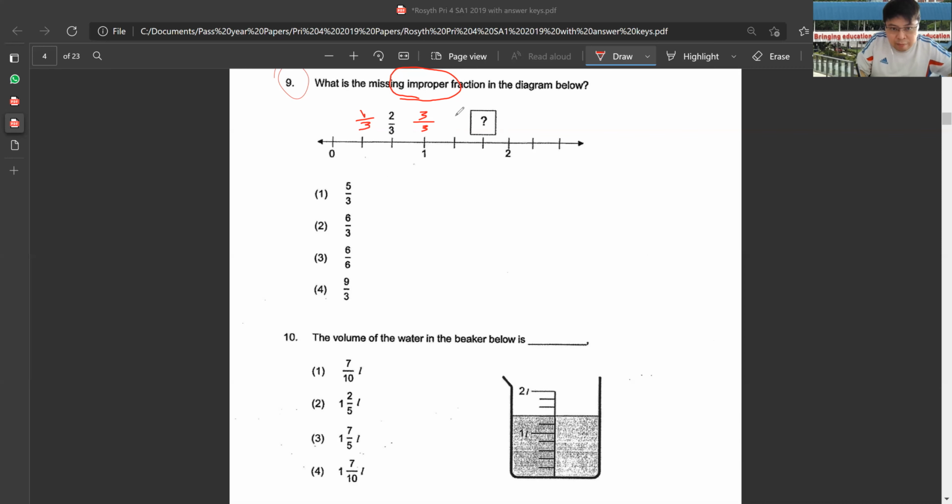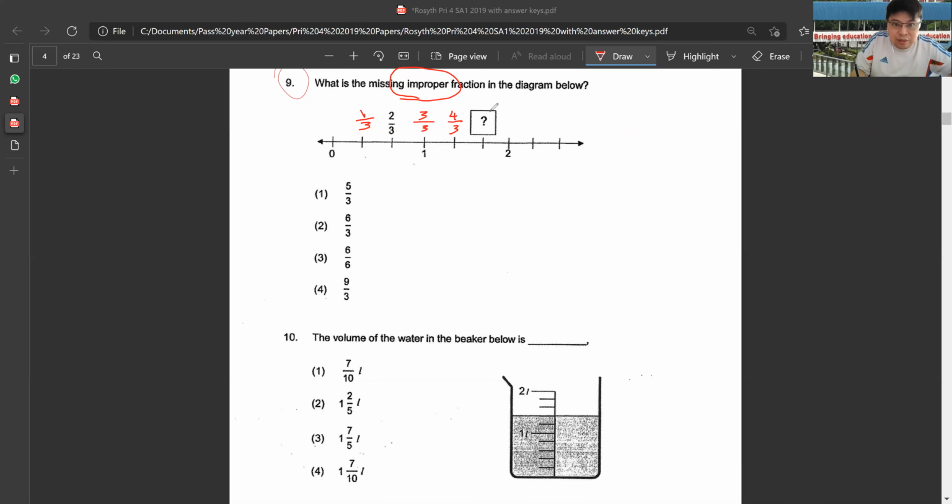This one is how many? 4/3. Then the question mark is? Think carefully. You see the number sequence: 1/3, 2/3, 3/3, 4/3.